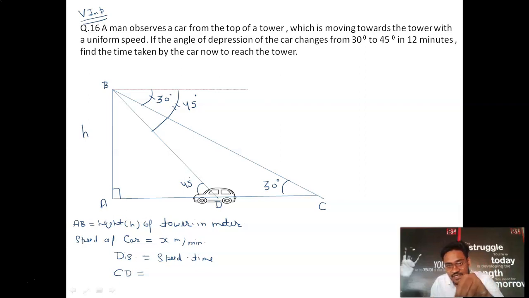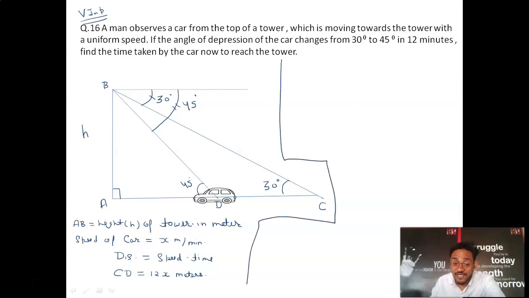X is in meter per minute and time is in minute. So the CD distance is speed into time, so let me multiply x with 12. I will get 12x, and it will be in meters. Why in meters? Because I took speed in meter per minute and time in minute, so distance will be in meters only.